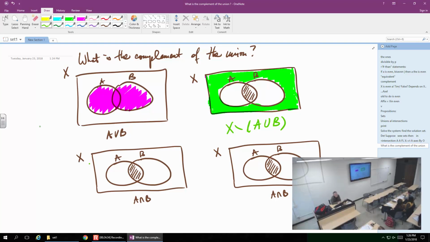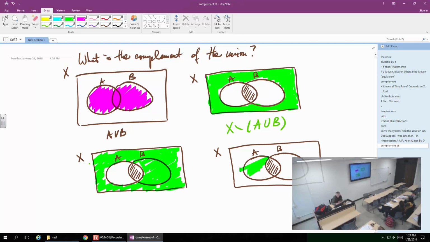For a point to be outside of this, it would have to lie simultaneously outside of A and simultaneously outside of B. So let me mark here A on left. This is the complement of A, and this is the complement of B. But both of them are kind of too large, right?